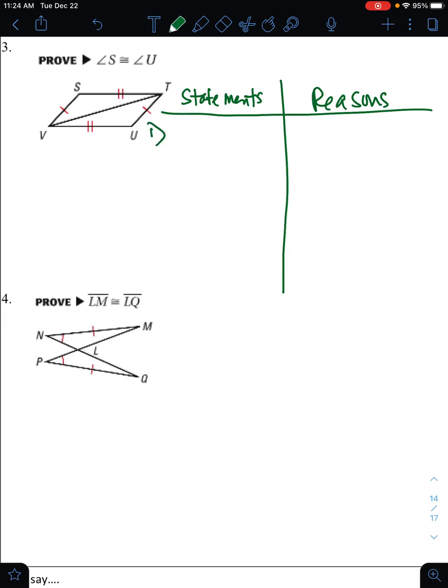So let's write those out. So I have segment SV is congruent to segment TU. I also have segment ST is congruent to segment VU, and that's just given because it's marked on the diagram. Okay, so we are trying to prove this. That goes at the very end. So we're going to ignore that for a moment because it has nothing to do with what we're going to do next.